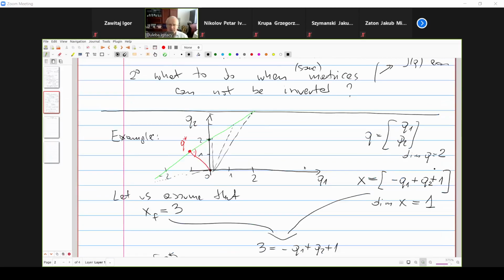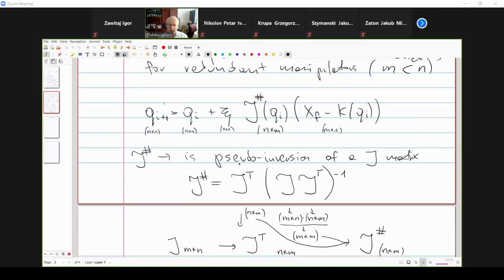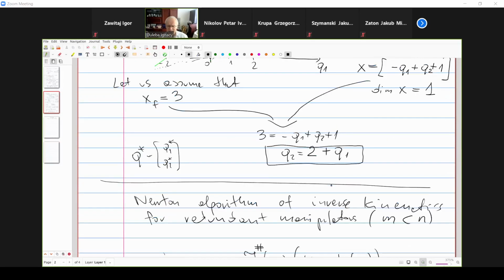But in this case, because the Jacobi matrix is rectangular, we cannot do it directly, but we apply pseudo-inversion, which generally prefers the shortest solutions, like here.